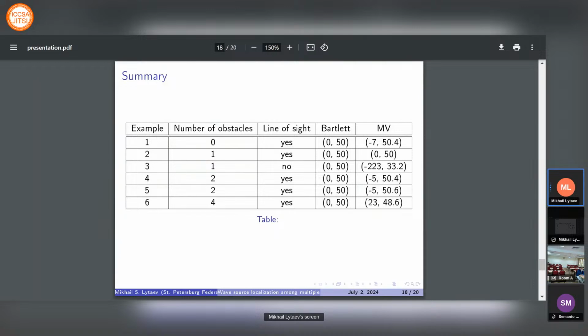This is a summary of 6 examples. It is evident that the Bartlett method perfectly determines the source positions in all cases. However, the minimum variance method almost always yielded results with some degree of error.